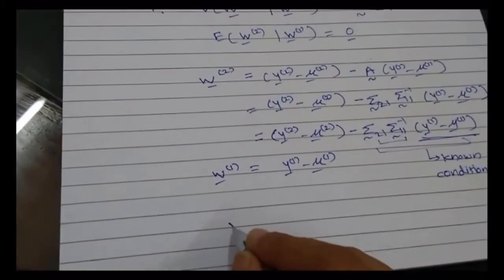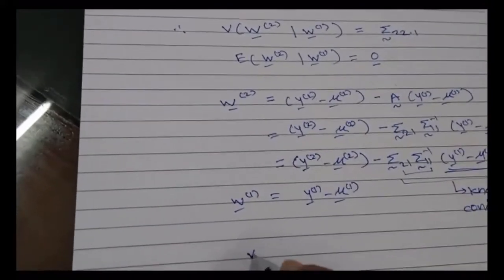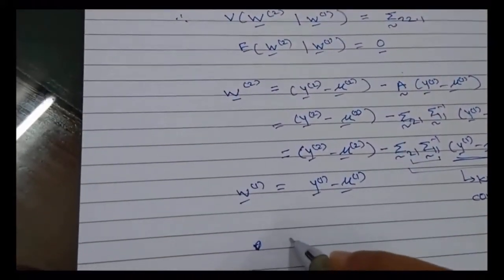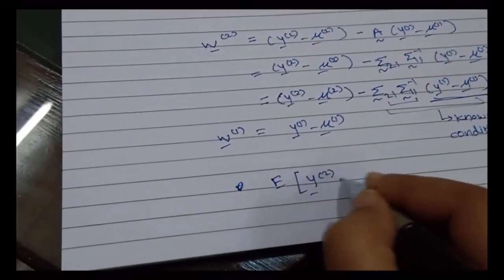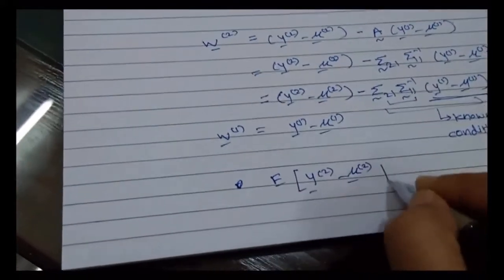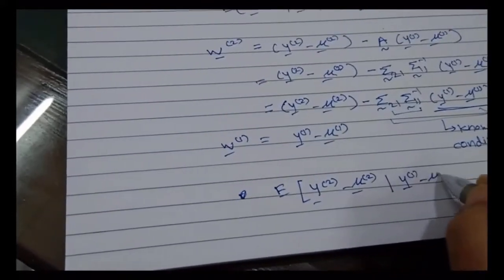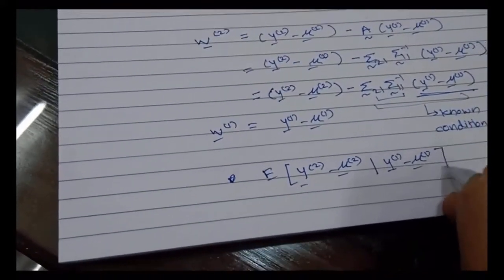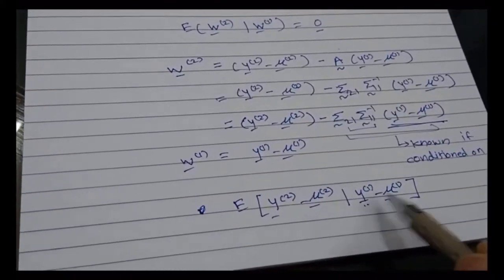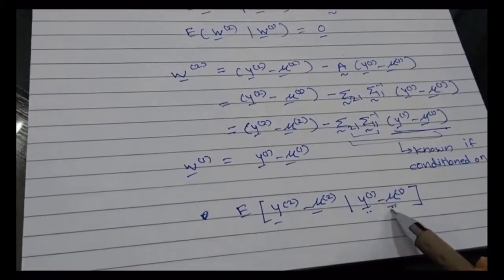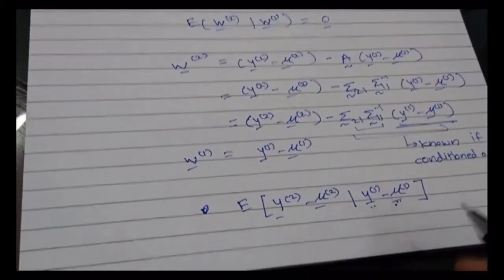One more point: knowing y1 minus mu1 is the same as knowing y1, because mu1 is a constant, so it is not random, so it is kind of known.